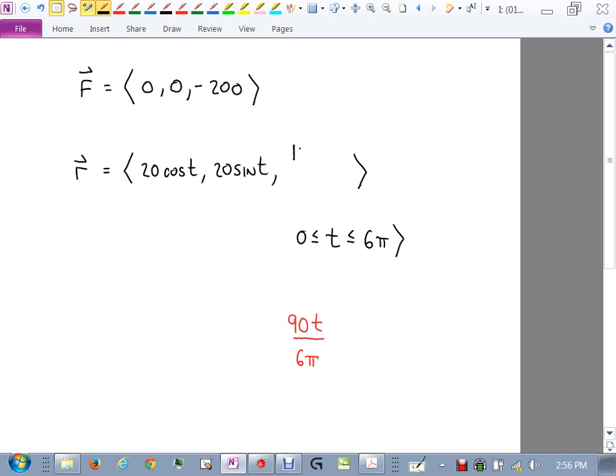So I can say 15 over pi t. Does that make sense where I got that from? No questions? We have our vector field. We have our curve. So now we need some derivatives, and then we'll dot the two, and then we'll have it.